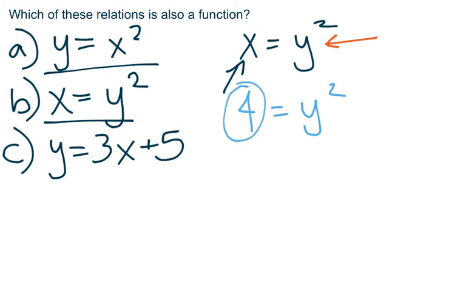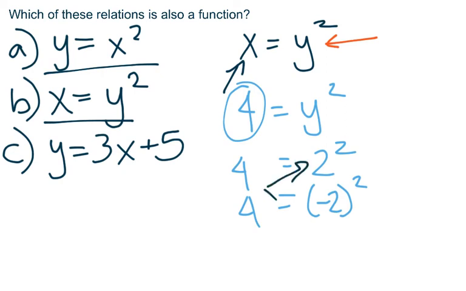Well, there's actually two numbers that squared equal 4. 2 squared can equal 4, but also -2 squared can equal 4. So in this case, this input 4 has two different possible output values, not one unique output value, and that means that this is not a function.